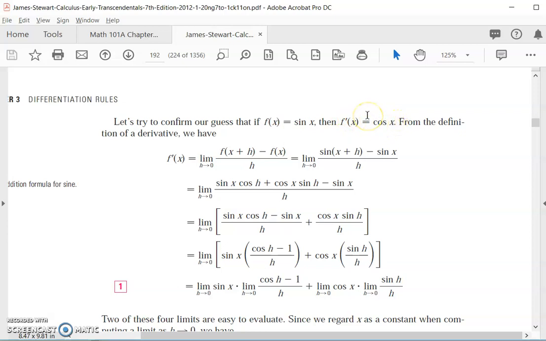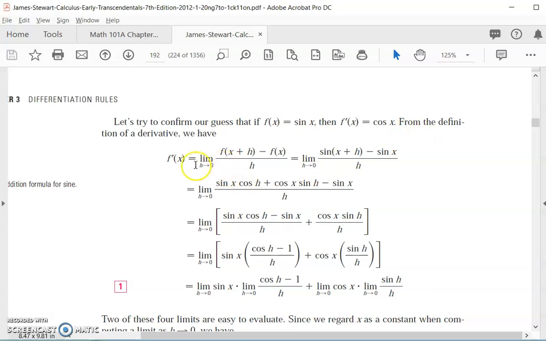In our free book, they use a graphical approach where they draw the derivative of sine x, and it looks like a cosine x, but it's not as rigorous as using the limit definition.